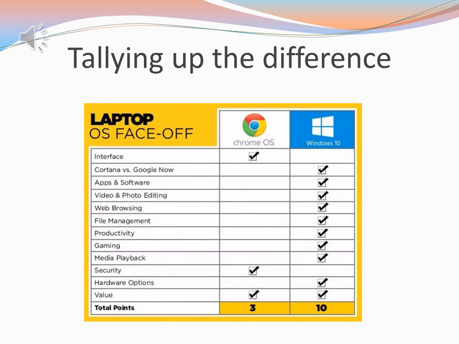I want to talk a little bit about the value of some of this. There was a time when the only laptops priced under $200 were Chromebooks, but with Microsoft's initiative to make Windows 10 machines more affordable, the price gap between Windows 10 and Chrome OS devices has been completely eliminated. Take the 14-inch Acer Aspire 1 Cloudbook, starting at $199.